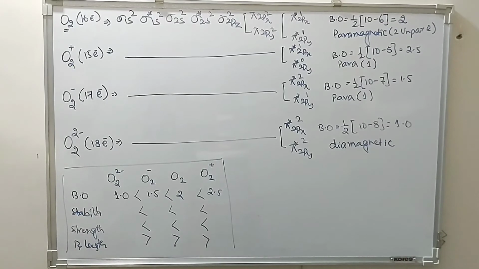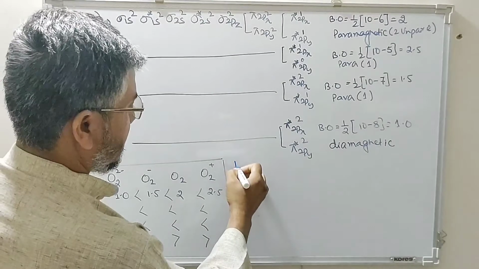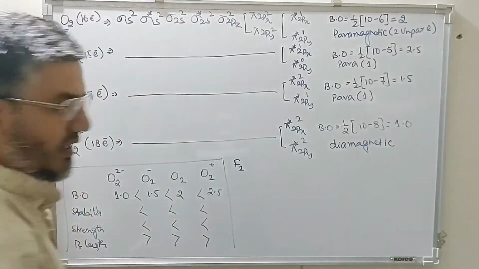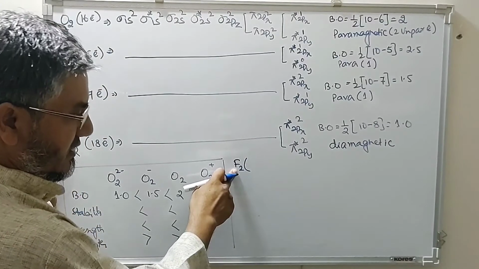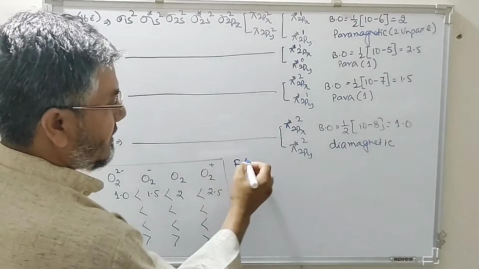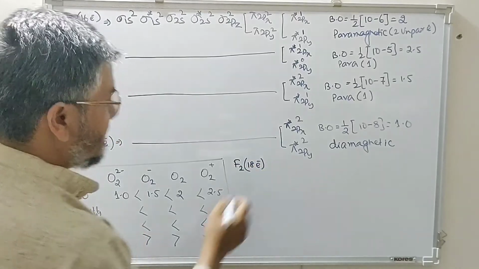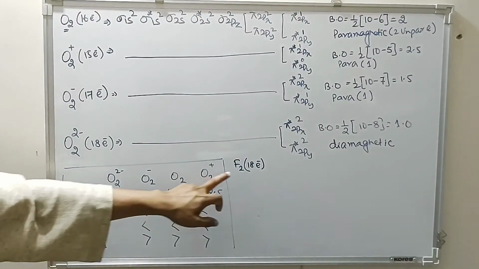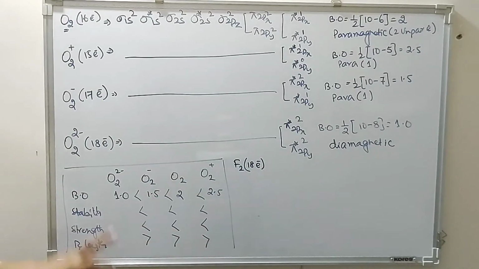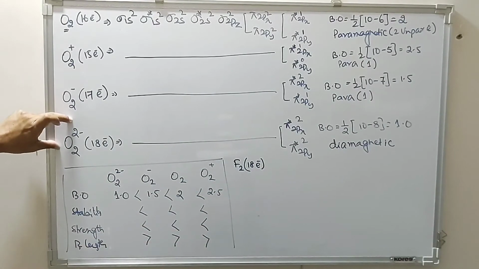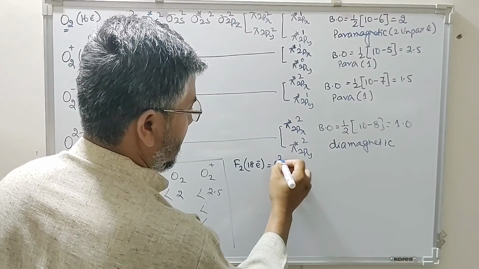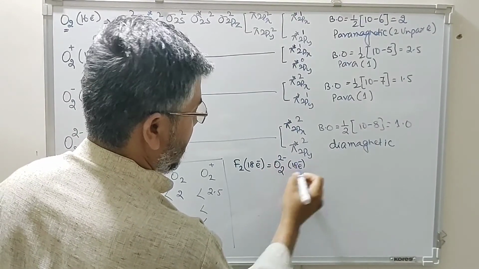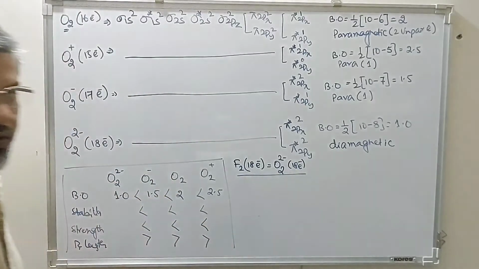Now let's take up some more examples. Like the F2 molecule, fluorine atomic number 9, 9 times 2 is 18. So F2 has 18 electrons, and O2 2- also has 18, so both are isoelectronic.